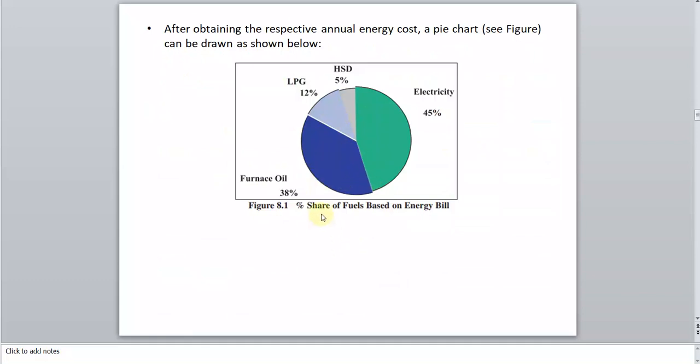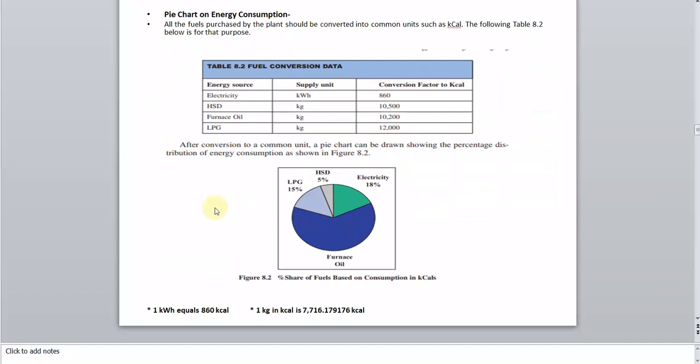After that we have converted the energy consumption with respect to the kilocalorie, like electricity consumed in kilowatt hour is converted into calories burnt by using the conversion factor. So we have seen in this case high speed diesel, HSD, then LPG, electricity, furnace oil, etc.